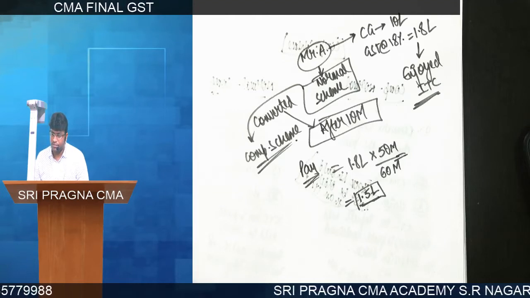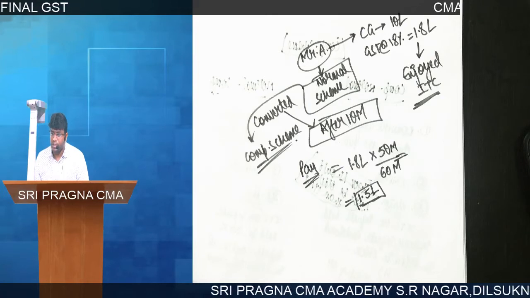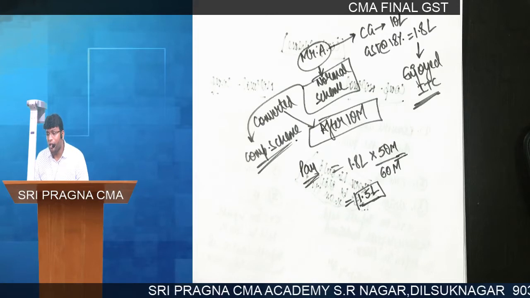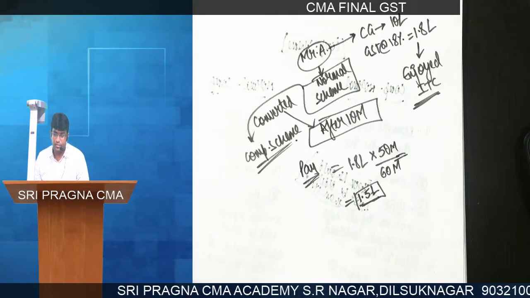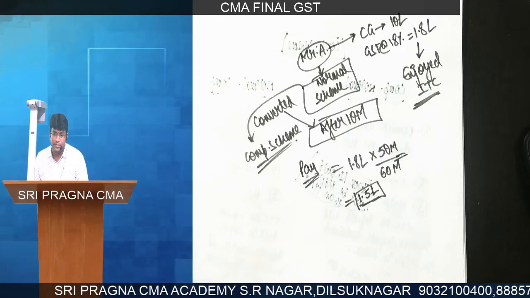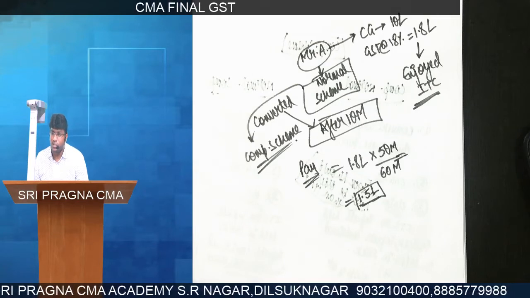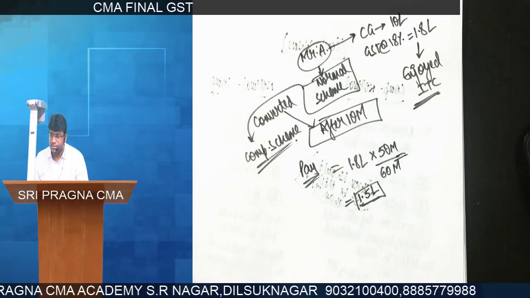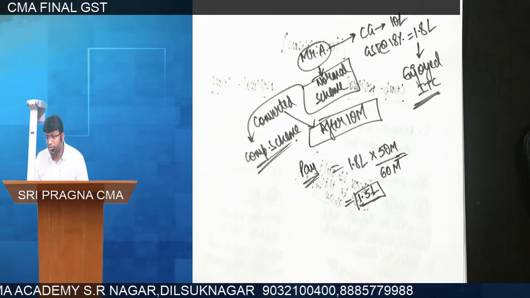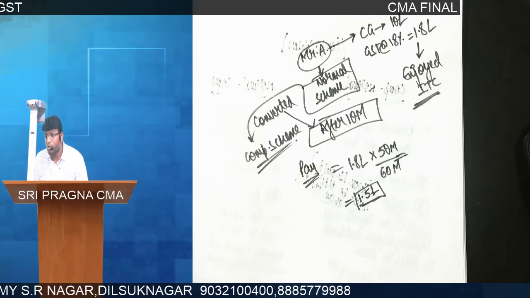Inputs value 6 lakhs. GST already availed, 12%. Next point. Second point. A machine. Capital good, sir.